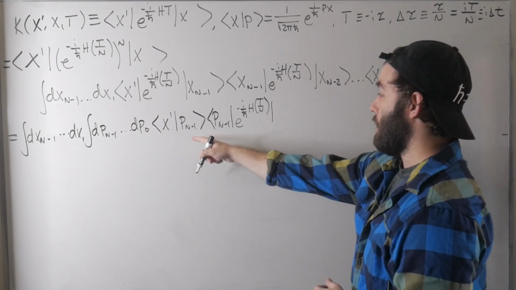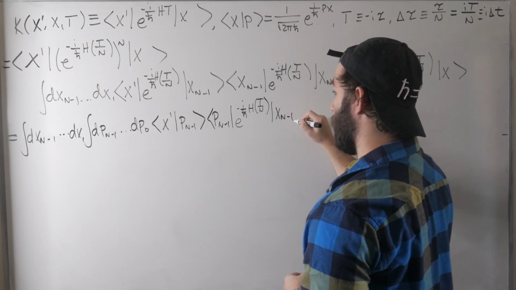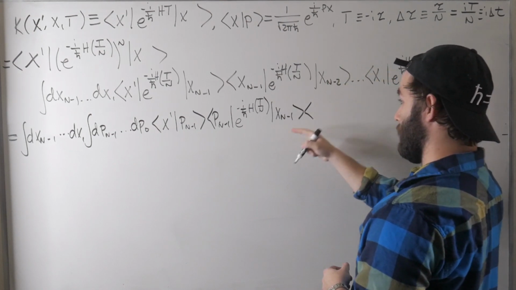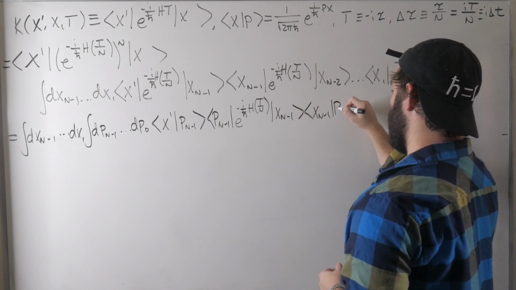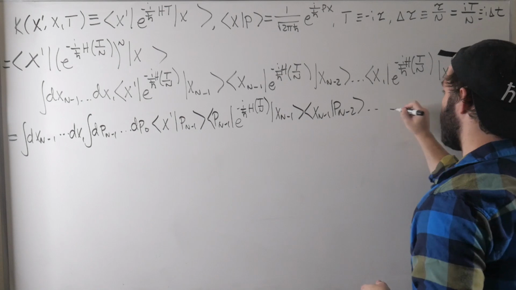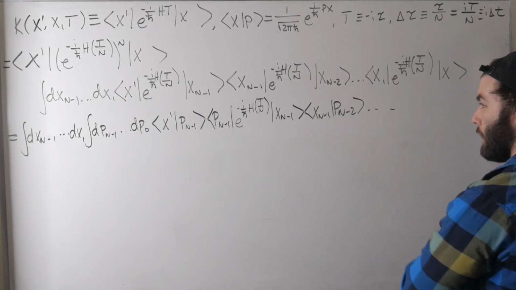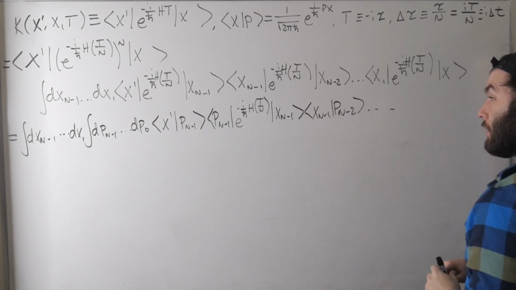And then next would be an x sub n minus 1, p sub n minus 2. Let's go ahead and do this n times. No, we'll just dot dot dot for the rest. This keeps going on for the rest of the insertions. So then we'd have more of these and so on.